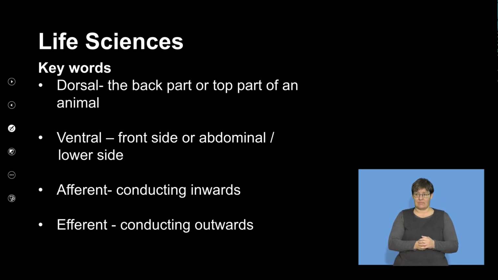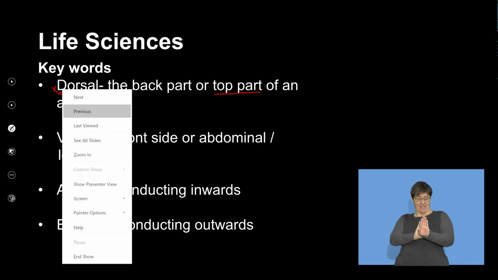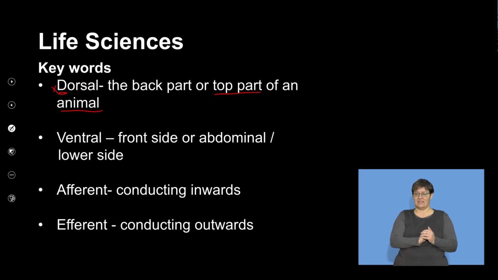Then the dorsal part of the spinal cord, I said it is at the top. Remember, I said the D comes first before the V. So the dorsal root is the back part, the top part of an animal's spinal cord.